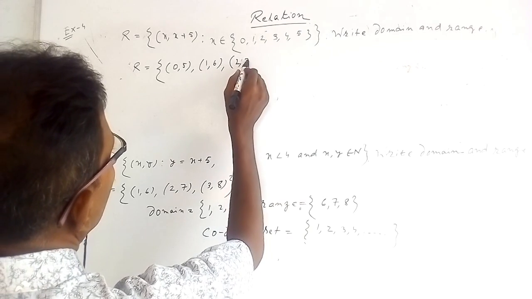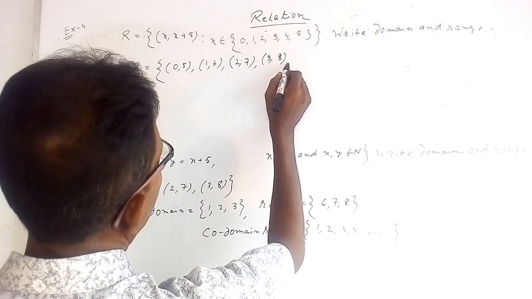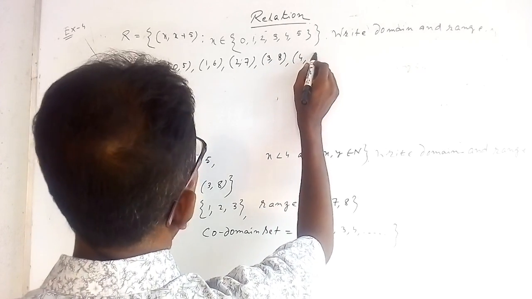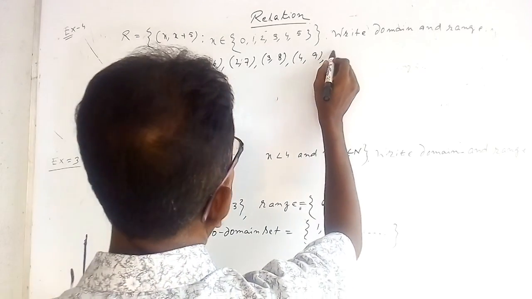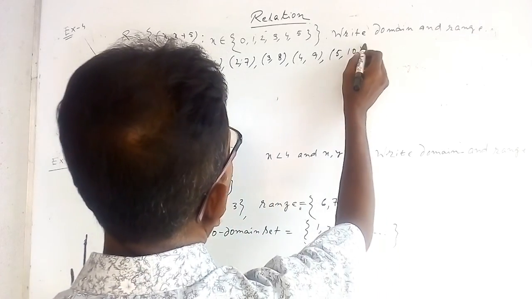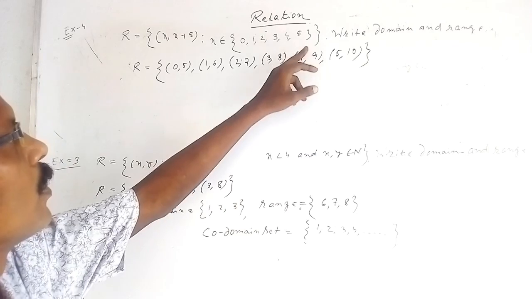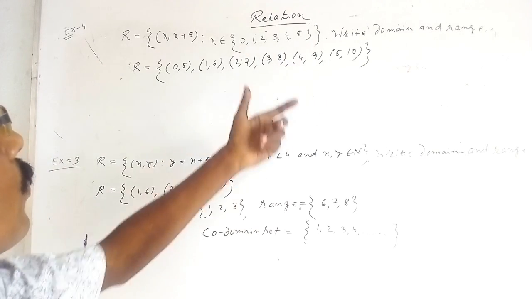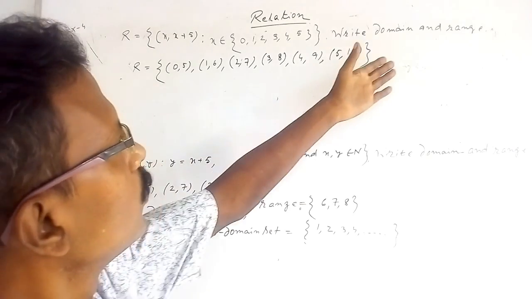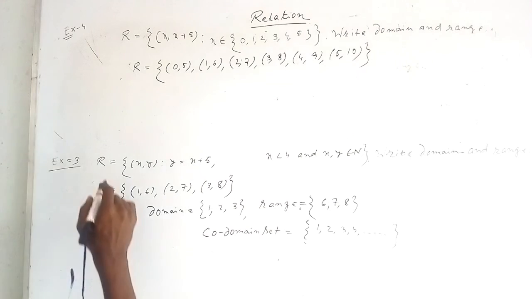And (1, 6), (2, 7), (3, 8), 4 plus 5 is 9, 5 plus 5 is 10. This is the end of the set because 6 is not included here, so you cannot take x is equal to 6. This is the roster form, and you can easily write the set, domain and range.